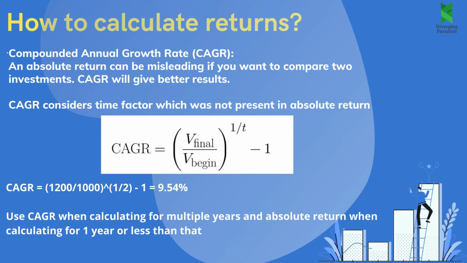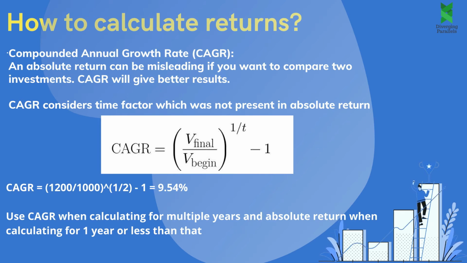So let's continue the calculation. CAGR for the above values is 1200 by 1000 raised to the power 1 by 2, minus 1, that is 9.54%. Now you can see that we have earned this profit in 2 years. So you see the difference. The absolute return was 20% and the CAGR is 9.54%.